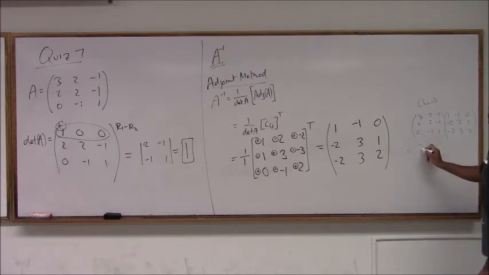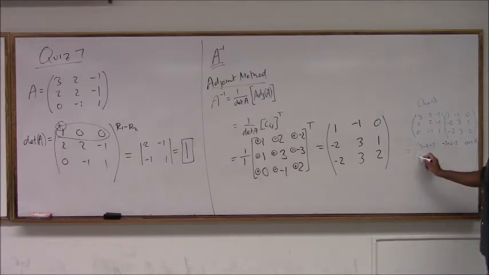So this would be 3 minus 4 plus 2. The middle one would be minus 3 plus 6 minus 3. This would be 0 plus 2 minus 2.